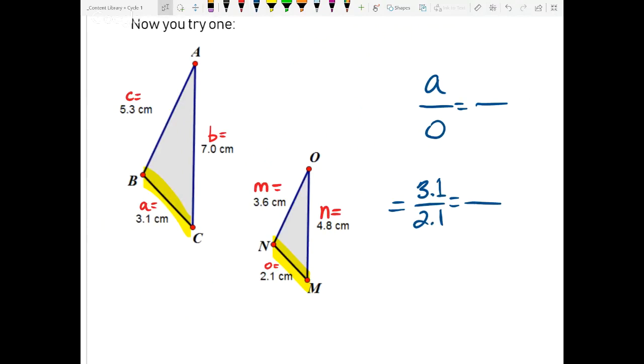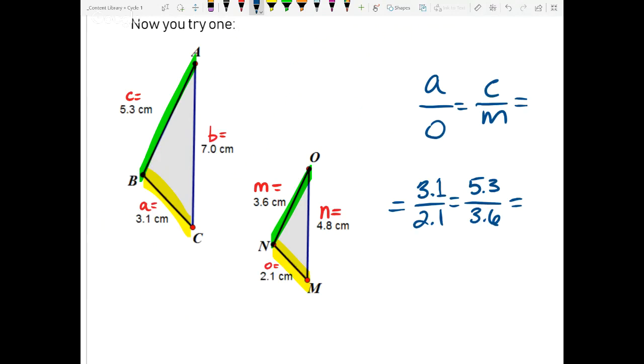So I've already done A lines up with O. If you have another pair for me. C lines up with M. Very good. 5.3 and 3.6. So C lines up with M, and that means 5.3 lines up with 3.6.